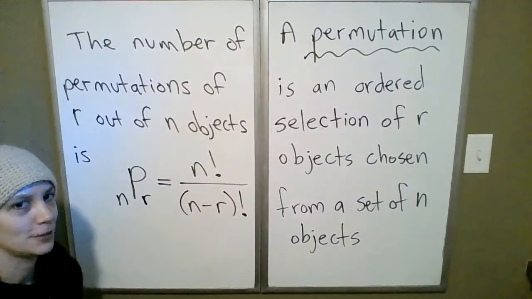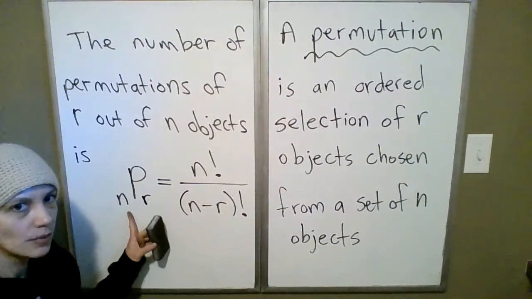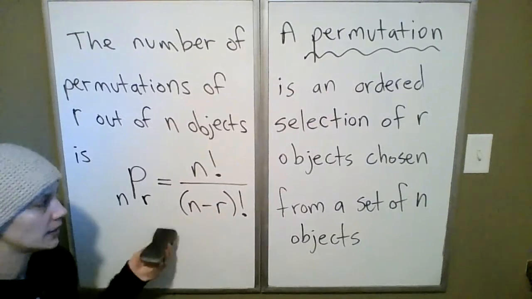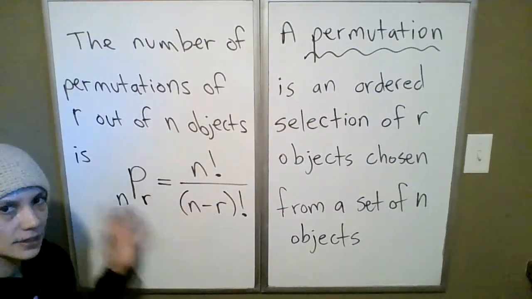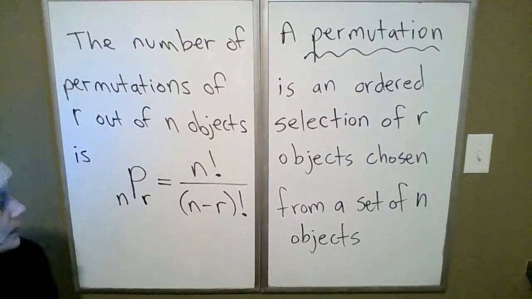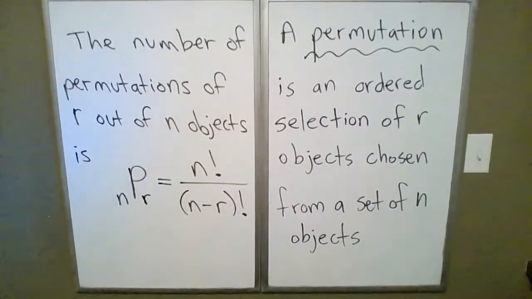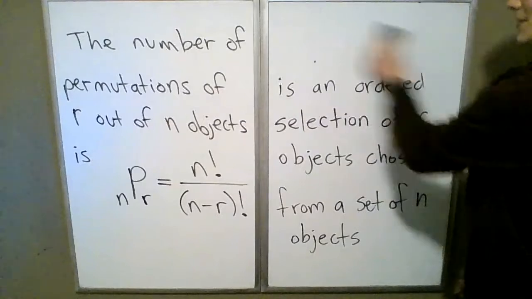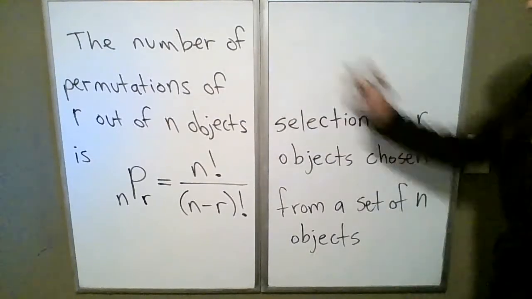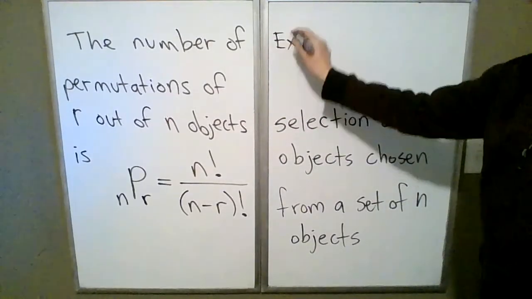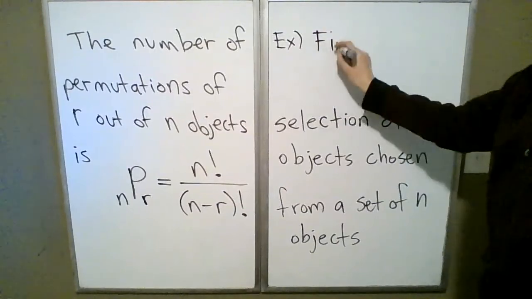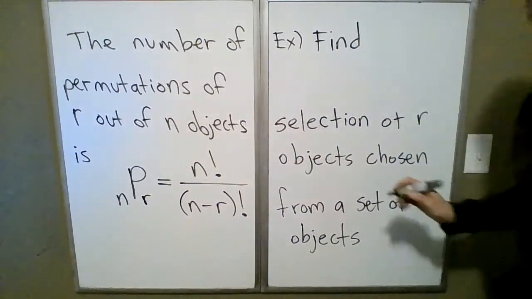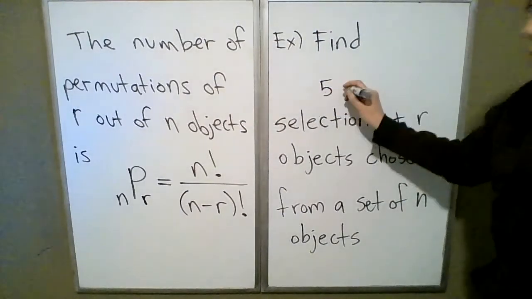Okay, we're going to do two quick examples of just using the notation. We'll come back later and do a full experiment kind of thing. We are going to find 5 permute 2.